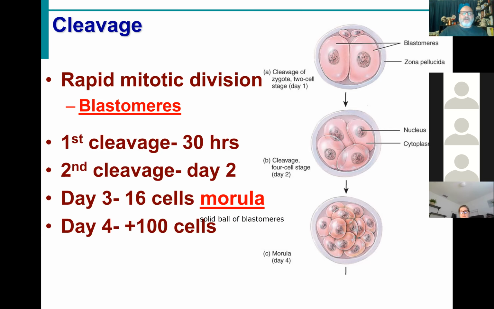Now remember, from day 1 through day 4 of this development, while this cleavage process is taking place, at the same time the developing cluster of cells, again, we'll call it an embryo at this point, is migrating down the uterine tube.